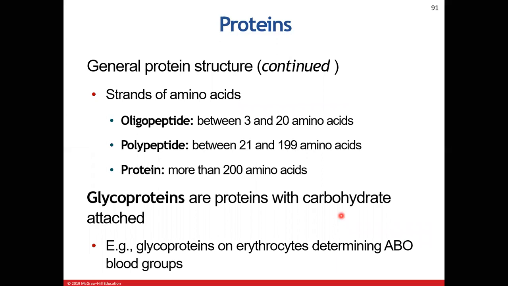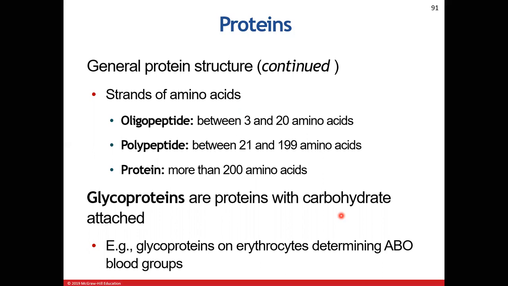So if we look at the general protein structure in certain strands of amino acids, we can look at an oligopeptide, which normally is going to be between 3 and 20 amino acids. We can have a polypeptide, which is between 21 and 199 amino acids. And then we have a protein, and proteins are these really long structures that are made up of more than 200 amino acids.